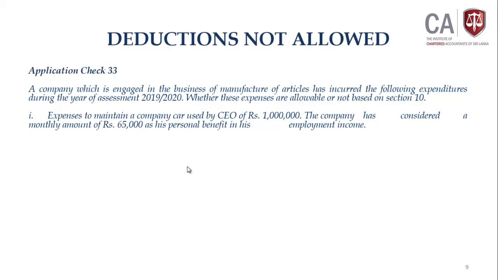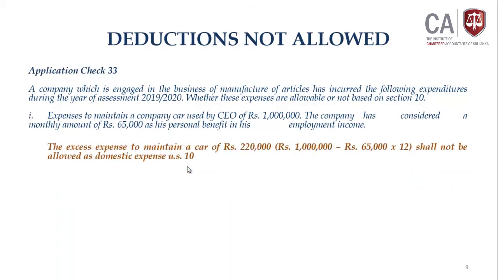So, then what about section 11? We are going to claim 1 million, but 780,000 will be taxable in total in the hands of the employee. So, the expenses up to 780,000 cannot be a domestic expense as per the interpretation in section 197.